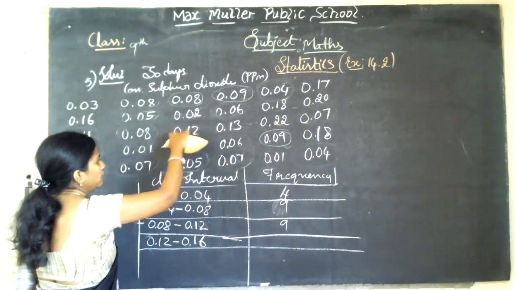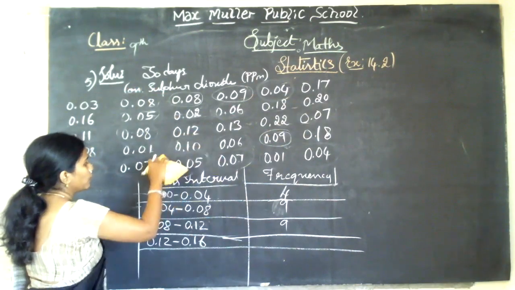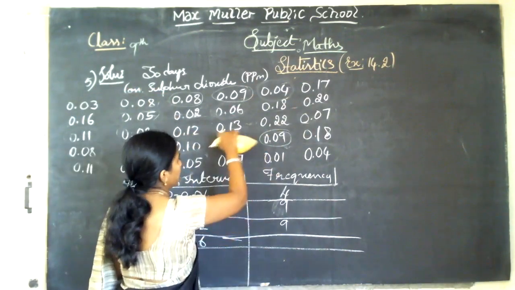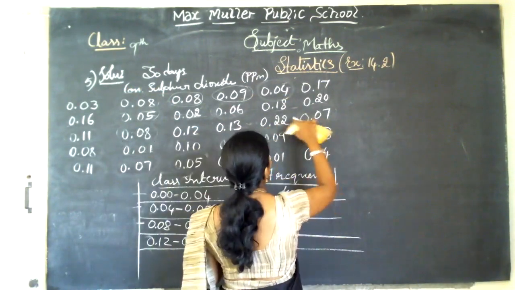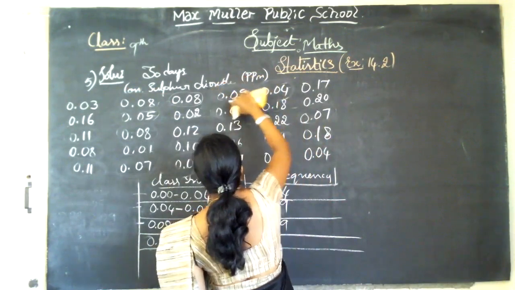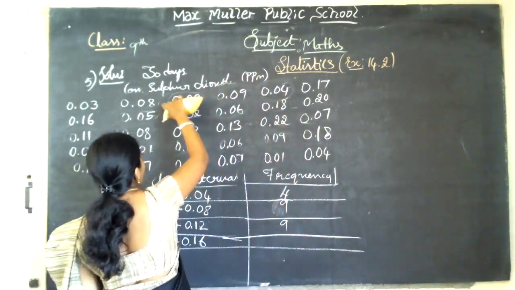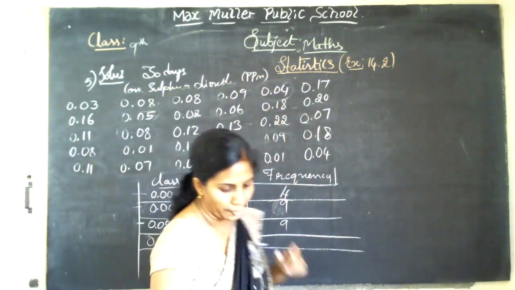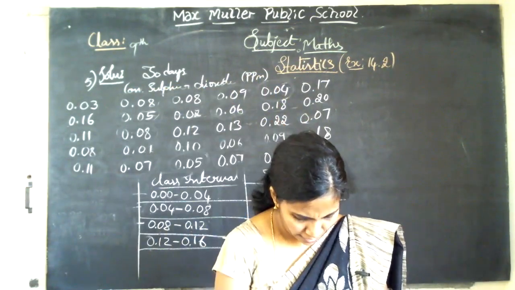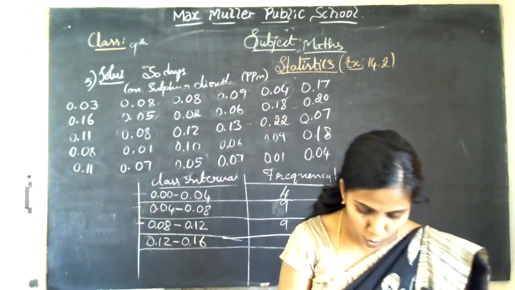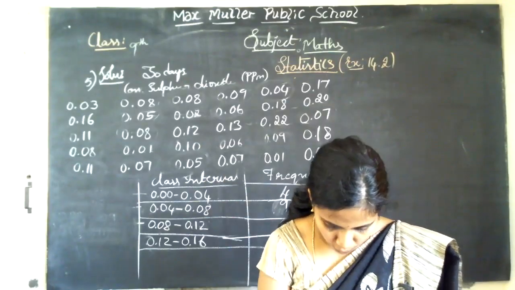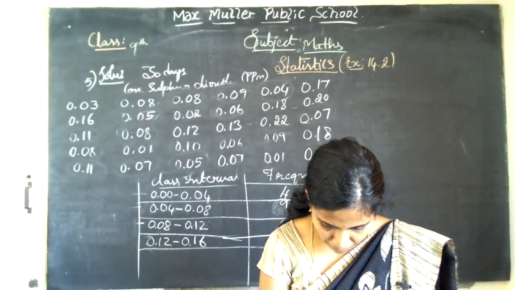So rub that so that you won't get confused. Let me take tally marks for the next one. As I told you, we have to do it for the fourth row, isn't it?